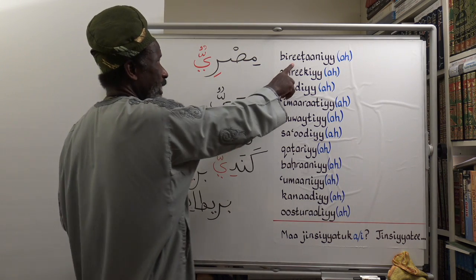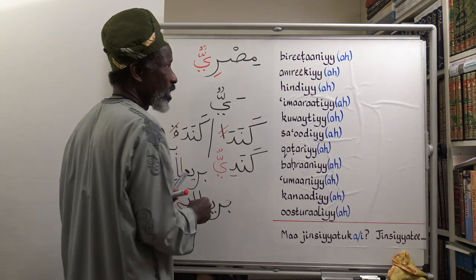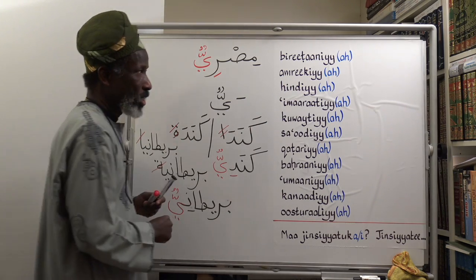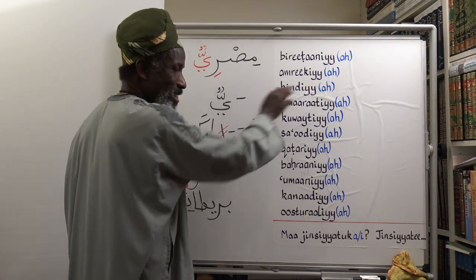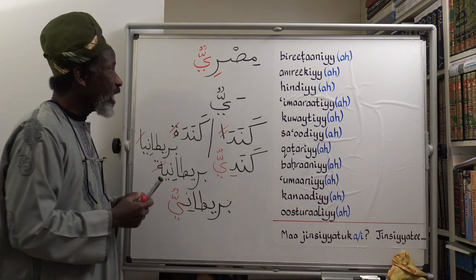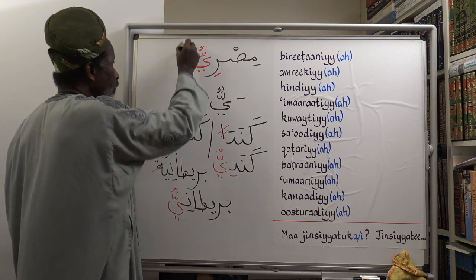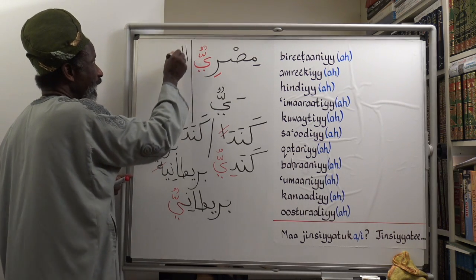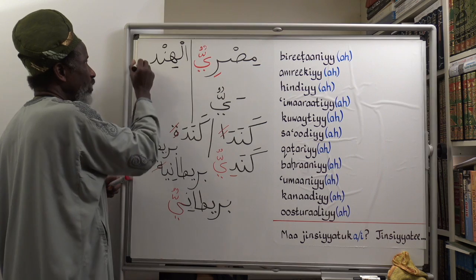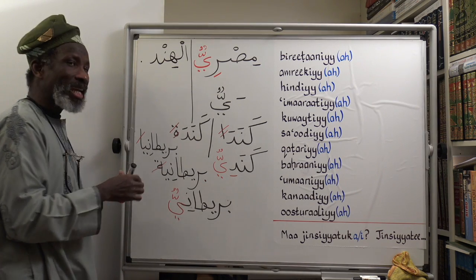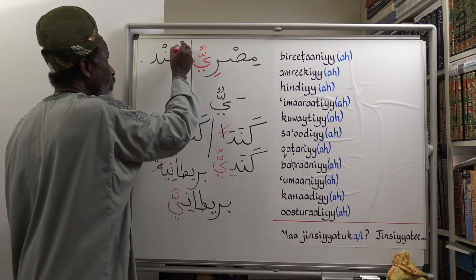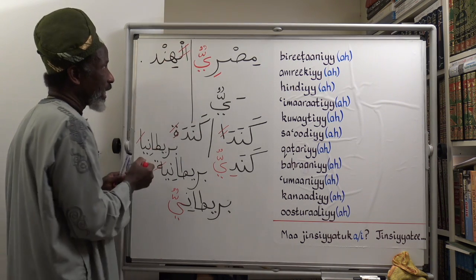And that's what's happening here. Britanni or Britaniyun, Ameriki, Hindi from India, Al-Hind. Now, if you have a name such as Al-Hind, which has alif wa lam, again to convert that to Indian, you remove the alif wa lam at the beginning.